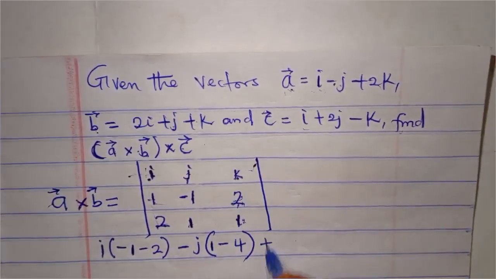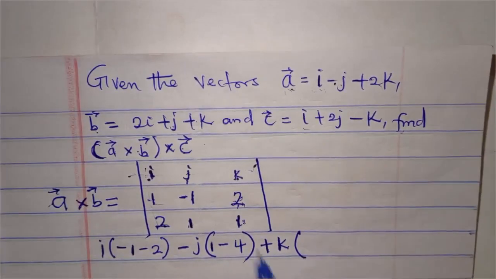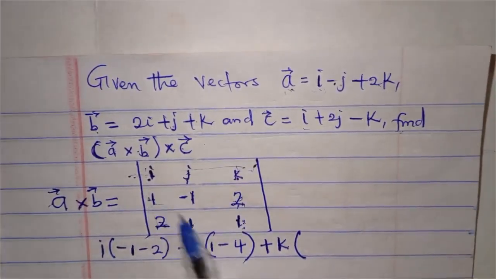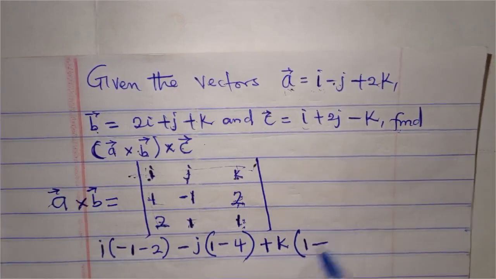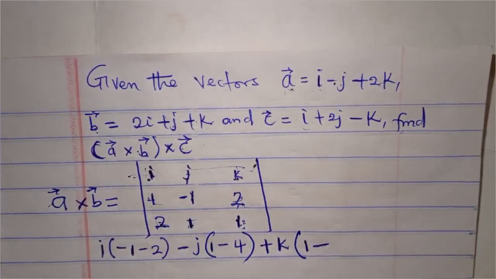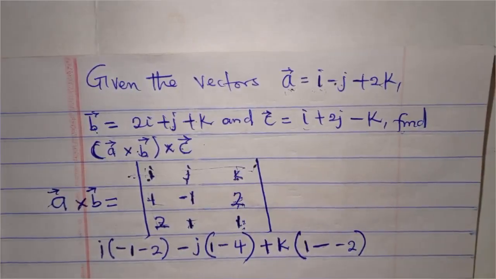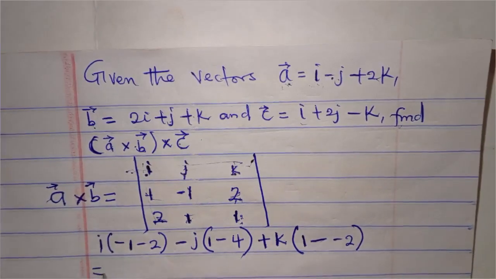k has the sign of plus. Eliminate this column and this row. We have 1, minus 1, 2, 1. So 1 times 1 is 1, minus 1 times 2, that's minus 2. So what is this equal to?